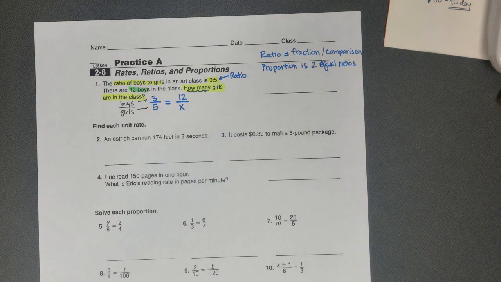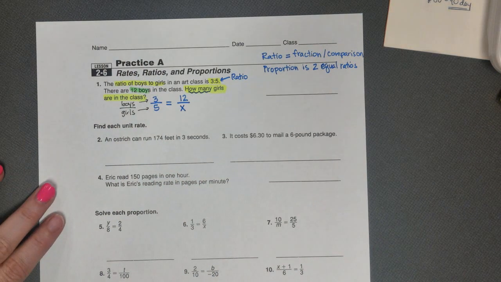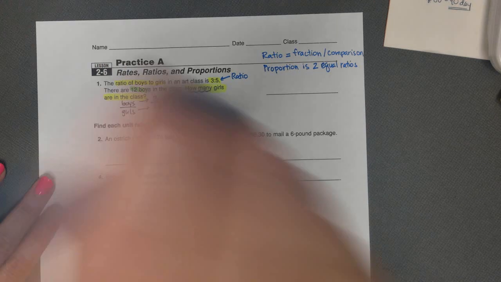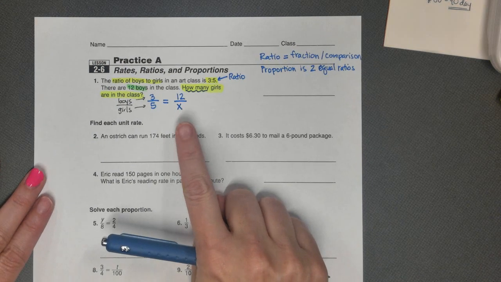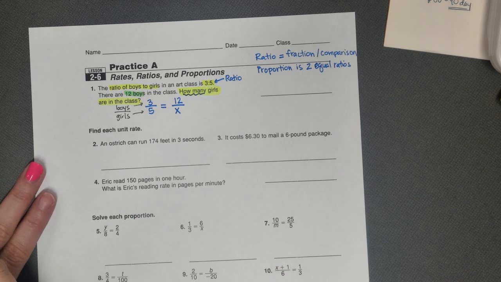Now, some of you, because of the activity that we did, you already have an idea of how to solve it. I'm going to show you a new way to solve it, okay? Some of you are already really good at this, and we'll talk about that too. There's a method you can use to solve a proportion, and it is called cross multiply.